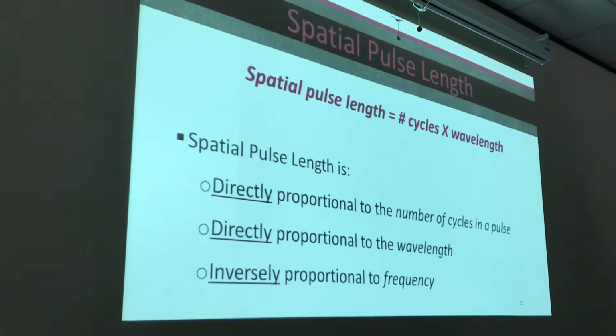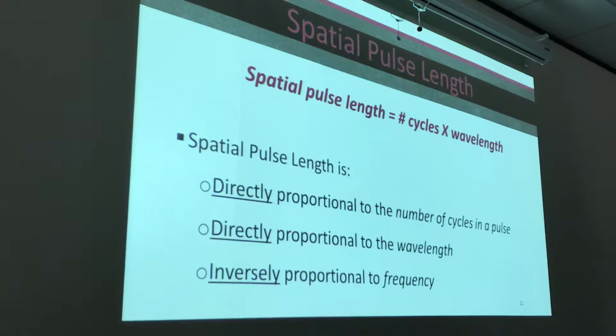All right? And we already know that wavelength is inversely proportional to frequency from last chapter. So spatial pulse length is also inversely proportional to the frequency. Just think, if we have a high frequency transducer, those cycles are coming more often, occurring more often.